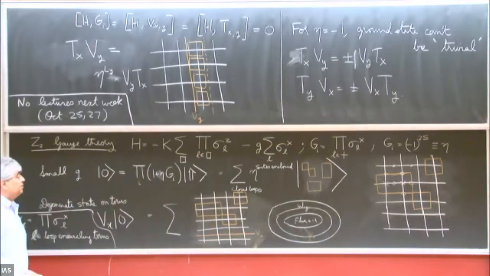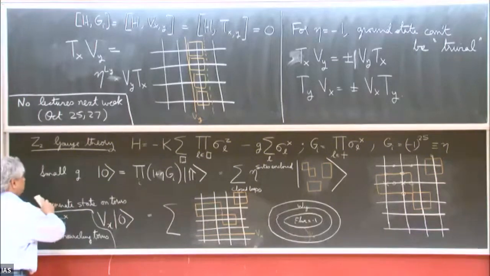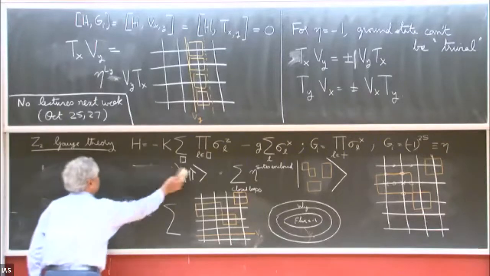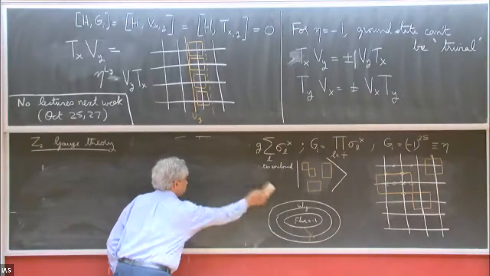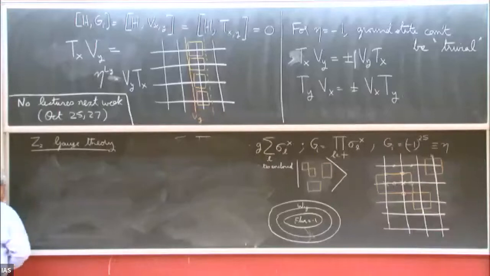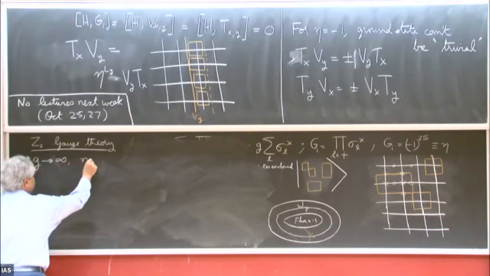Okay, so let's figure out what happens at large G. This is something I mentioned briefly last time, but let me say a few more things about it. The interesting case, of course, is eta equals -1, so G goes to infinity.